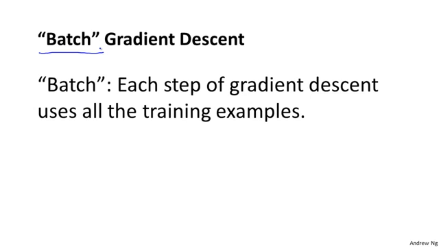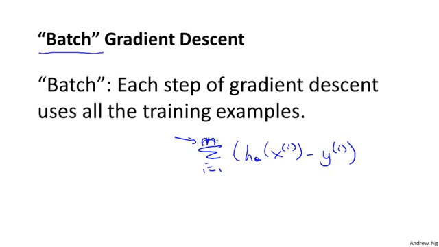When computing derivatives, we're computing these sums, so in every step we end up computing something like this that sums over all m training examples. The term refers to the fact that we're looking at the entire batch of training examples. Again, this is maybe not a great name, but this is what machine learning people call it.